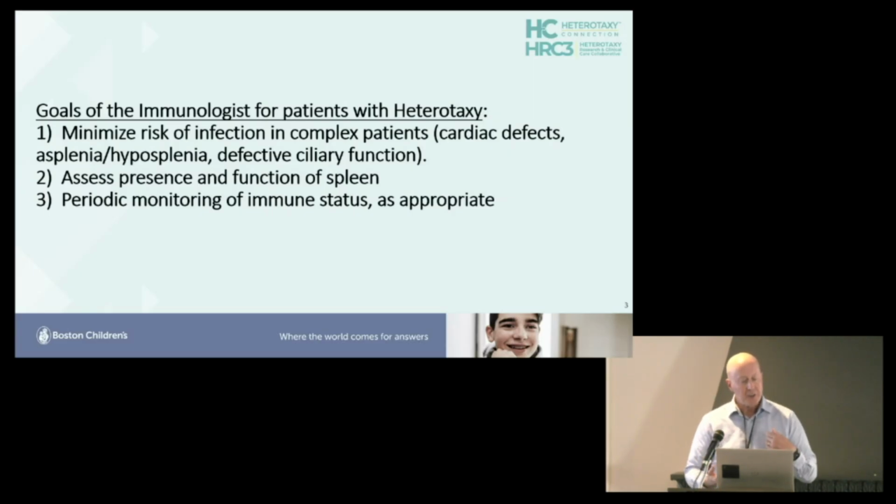We assess the presence and function of the spleen, and we'll go over that in greater detail, and then we will monitor their immunologic status over time because that changes in these patients from year to year. Keeping a close eye on them is really important for minimizing their infectious risk.